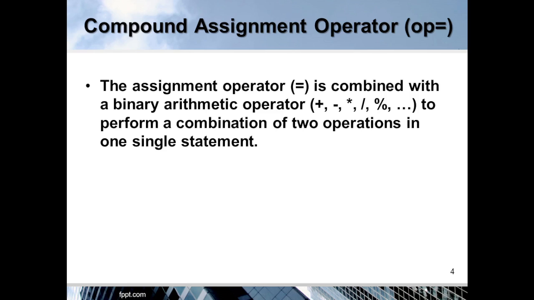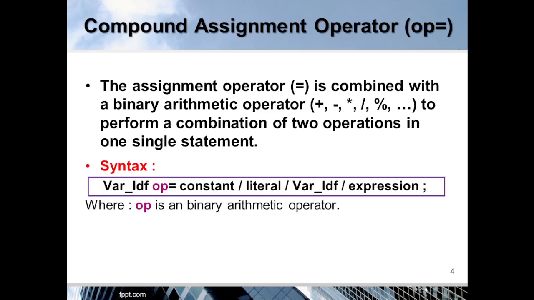So in this way, it means that we are going to do two operations. The syntax will be, so we have at the beginning the variable identifier, يعني اسم المتغير, followed by the arithmetic operator. Then we have the assignment equal. Then we can put either a constant or literal, يعني قيمة, another variable, or an expression.